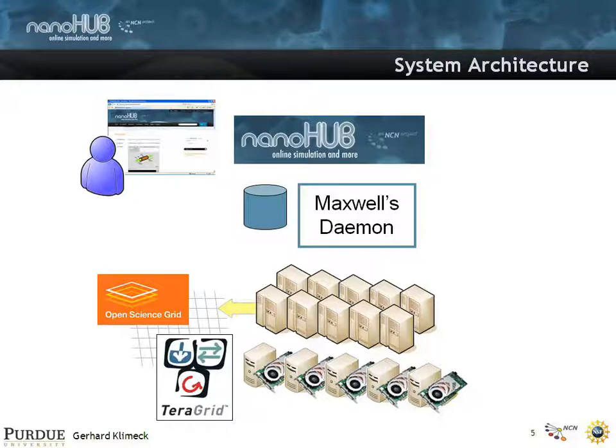So to give you an idea of how this system works, I'm going to show you a system architecture of this. From the outside, nanohub.org looks just like a normal website that has a content management system.